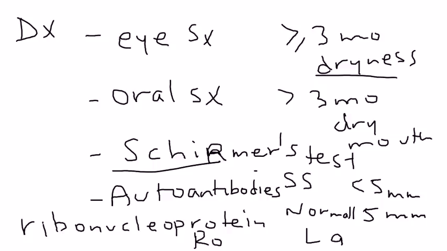Now the Ro and La are probably the harder ones to remember because their secondary names are very easy because they have SS in them: SSA and SSB. Well, SSA and SSB are easy to remember because SS is Sjögren syndrome. But the Ro and the La are just one of those unfortunate things you just have to memorize. And these are the autoantibodies.